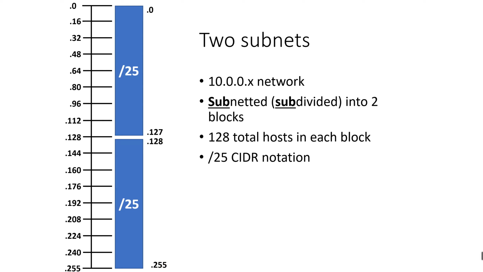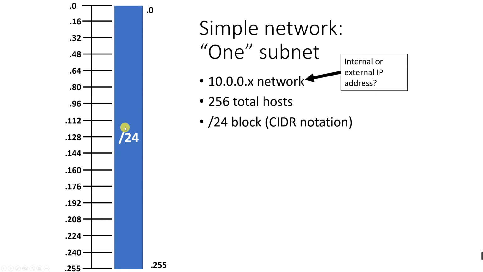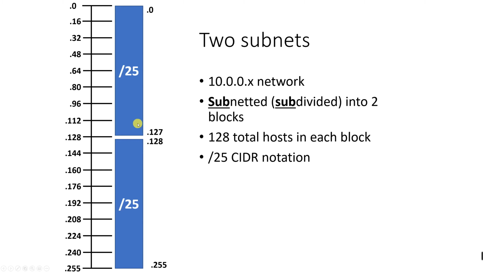You're welcome to count to verify, but you'll be here a while, so we're going to move on. This is a /25 CIDR. So we started out with a /24. We created 2 subnets, and now we have a /25 CIDR.